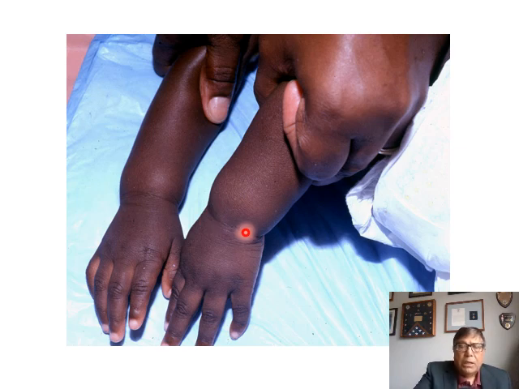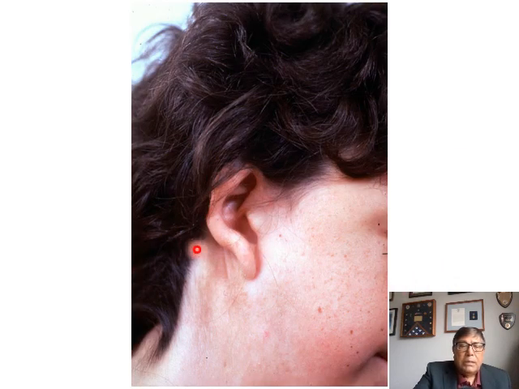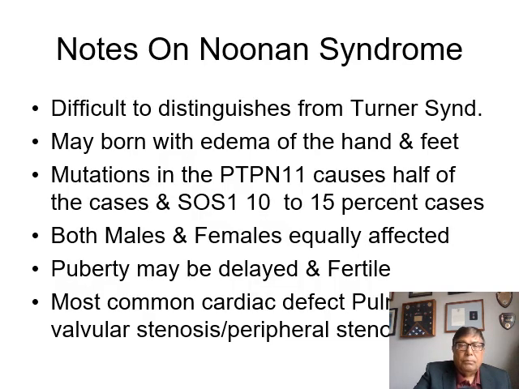Rare, but it has also been noted in Turner syndrome. And this is the skin fold thickness, or what we call webbing of the neck. So that is Turner syndrome, the salient points.